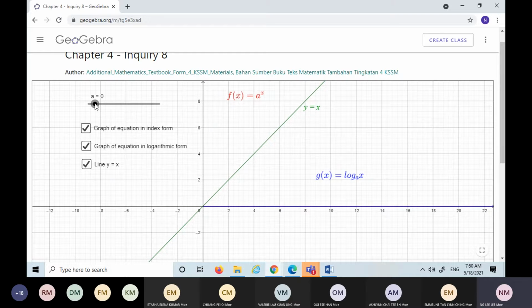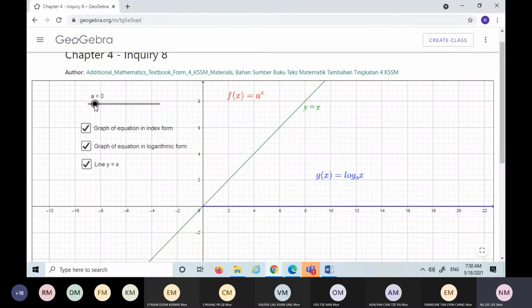You can see there's no meaning to it. The red one straight away disappears, because it's at 0. Actually, it's at one dot here, but you can't see anything. So therefore we don't take 0. We don't take 0 and the negative values.